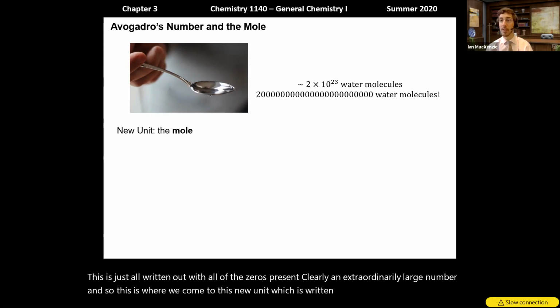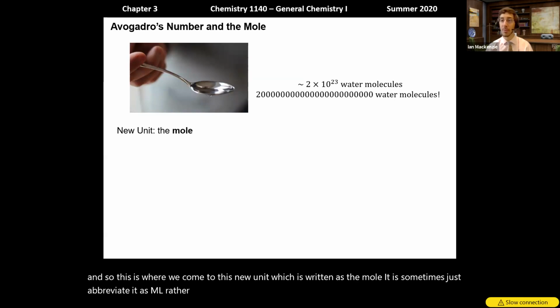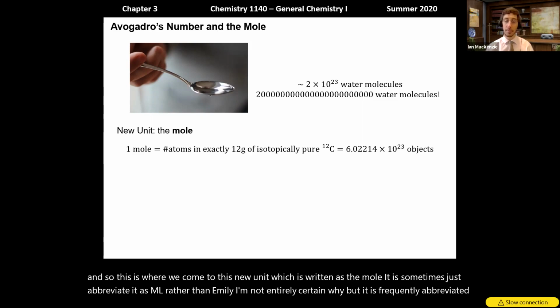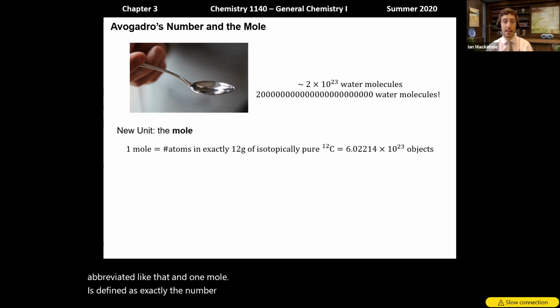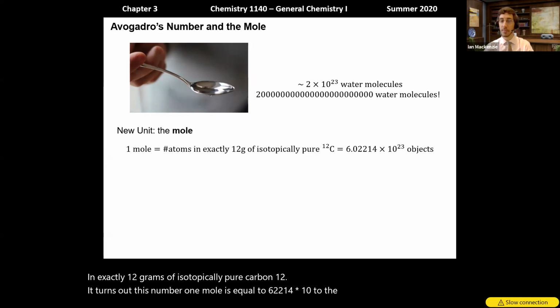It is sometimes just abbreviated as mol rather than mole. I'm not entirely certain why, but it is frequently abbreviated like that. And 1 mole is defined as exactly the number of atoms present in exactly 12 grams of isotopically pure carbon-12. It turns out this number, 1 mole, is equal to 6.02214 times 10⁻³ objects.